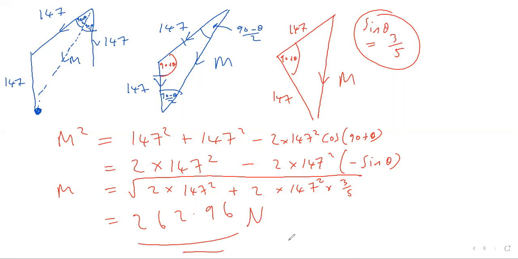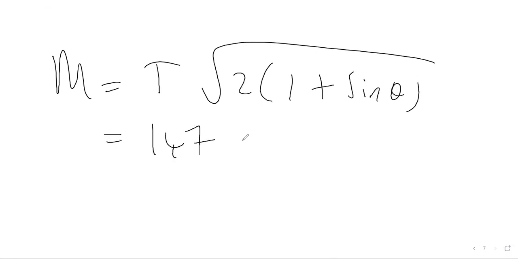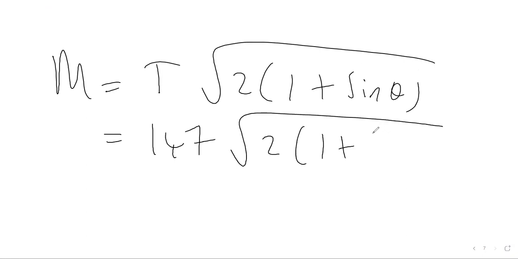And again, if we really want to, we can check that answer with the formula that we proved. So the magnitude is equal to the tension times the square root of 2 times 1 plus sine theta. Remember, our tension in the string was 147. You times that by the square root of 2 times 1 plus sine theta, 3/5.